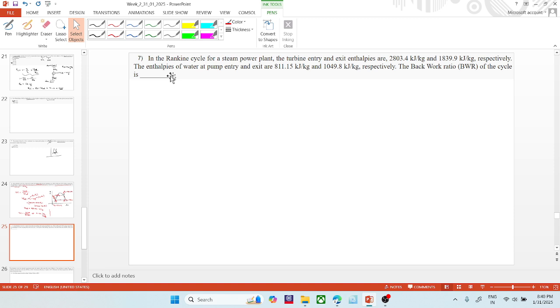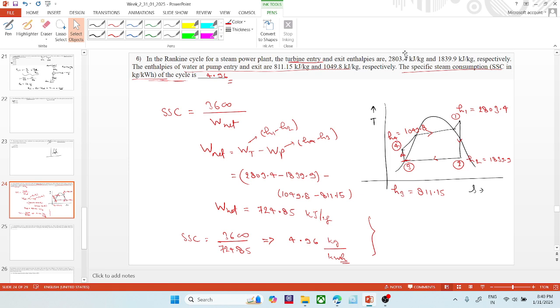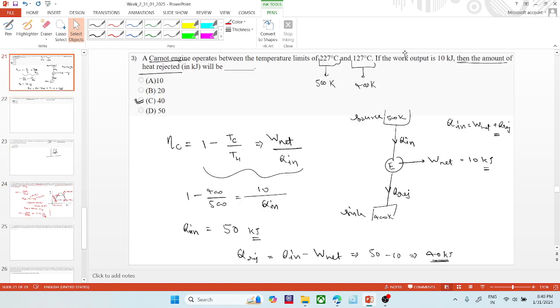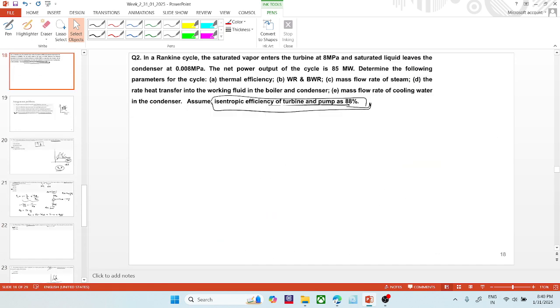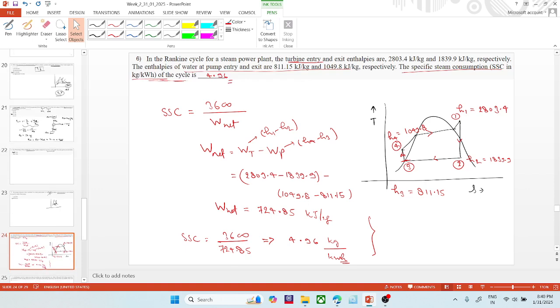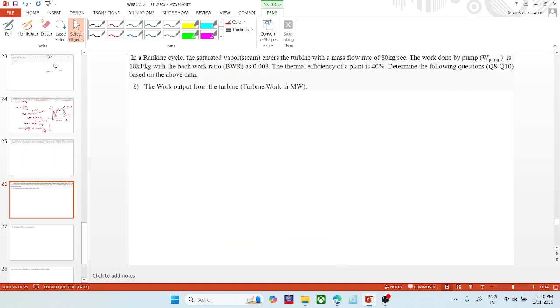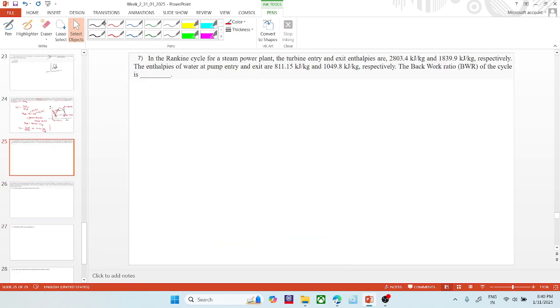Then next, in the Rankine cycle for a steam power plant, the same values are given, I think. Yes, the same values are given here. So in problem 7, the same values H1, H2, H3, and H4 are given.